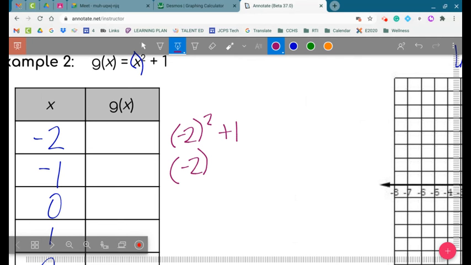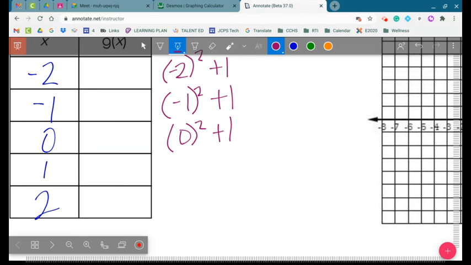Negative 1 squared plus 1. 0 squared plus 1. And you guys, make sure you keep the number that you're squaring in parentheses. It's going to be important because if you square a negative number, and that negative is not in parentheses with the number, it's going to give you a different answer. So you want to make sure you are doing that correctly. And then 2 squared plus 1.